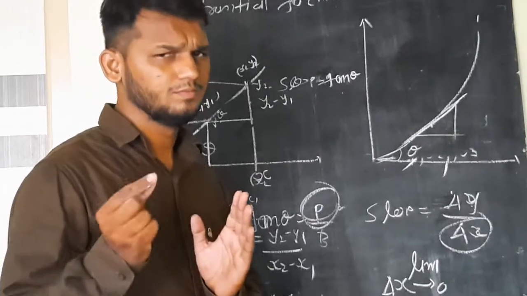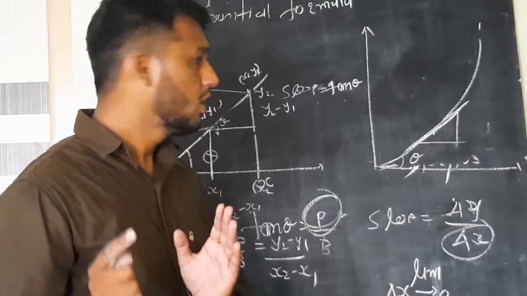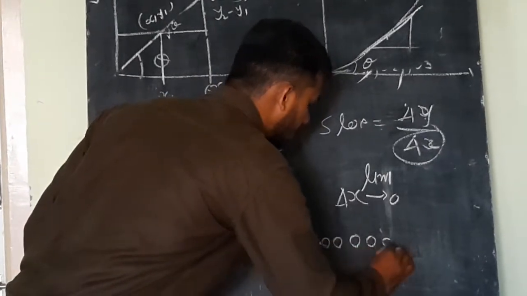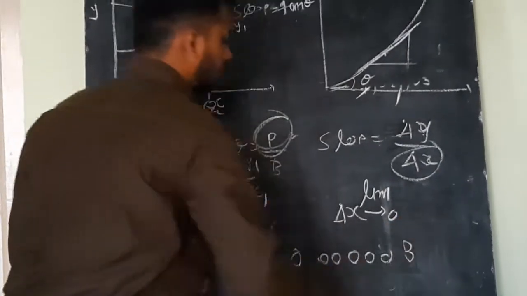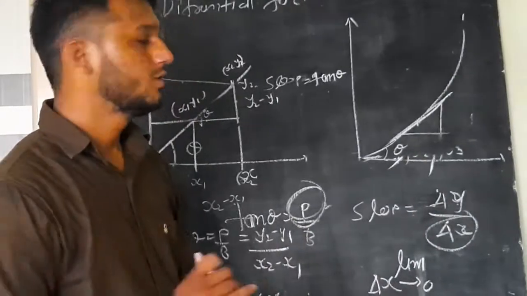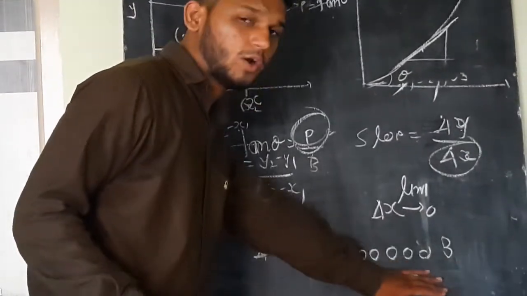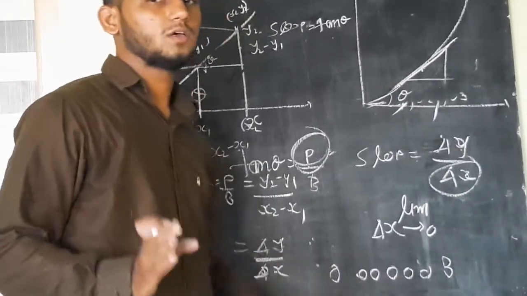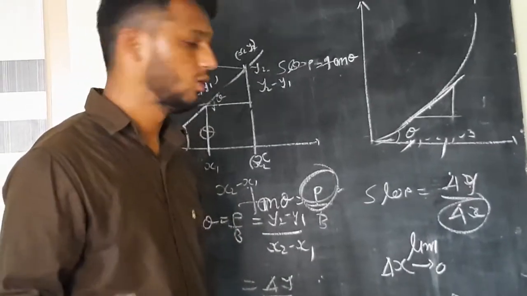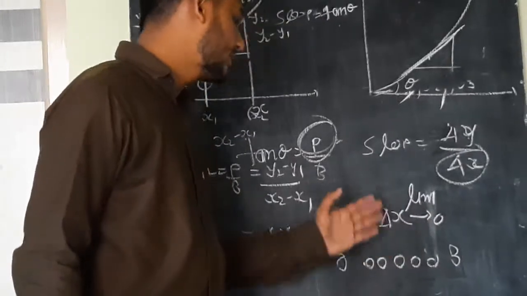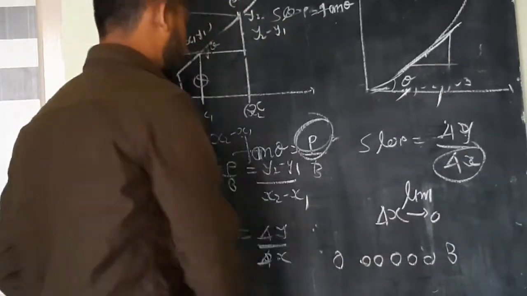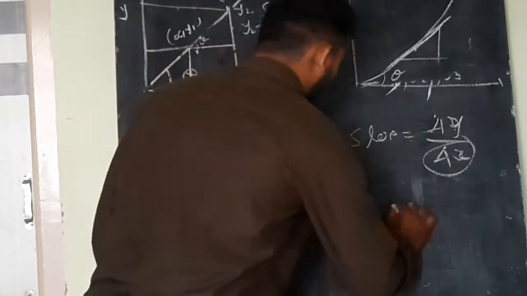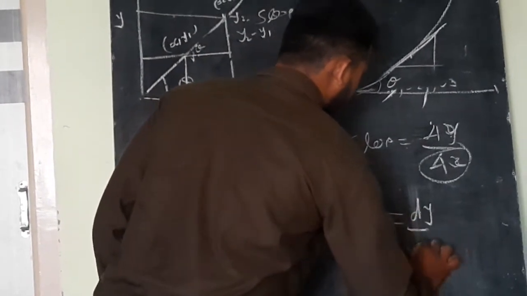It is not a 0 value, but it looks like 0.000000 something. So it is not 0. We cannot say it is 0, but we can conclude it is nearly equal to 0. So here we take delta x tends to 0, and it becomes dy by dx.